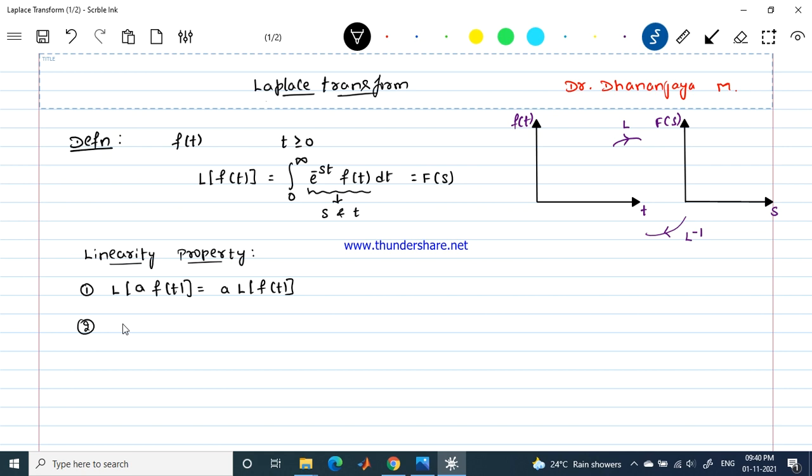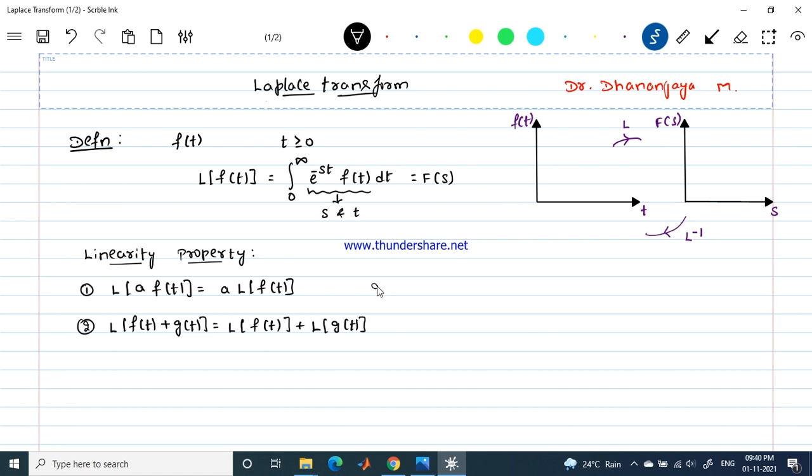Point number two, Laplace of f of t plus g of t is equal to Laplace of f of t plus Laplace of g of t. That is, Laplace of sum of two functions can be written as sum of Laplace of the individual functions.